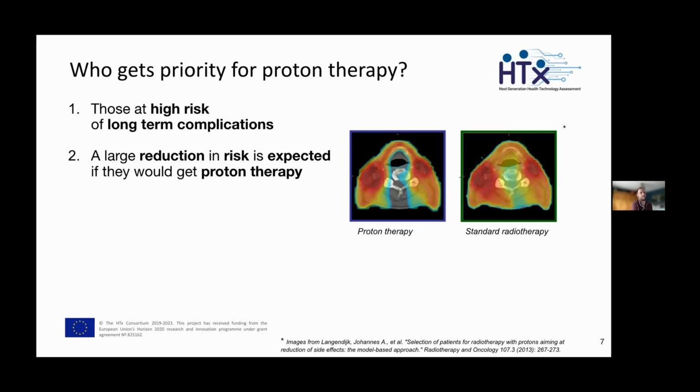And that means that in total, as Tuur said, there's capacity for about 2,000 patients on a yearly basis to be treated with proton therapy, while it is expected from early estimates that about 7,000 to 8,000 patients could potentially qualify. So there's a need for selecting those patients that would potentially benefit most from proton therapy.